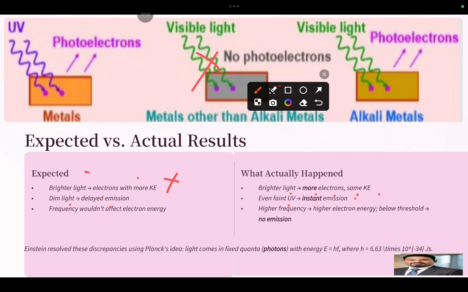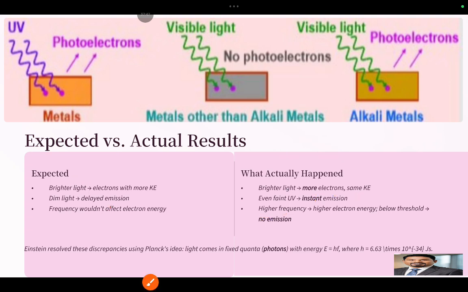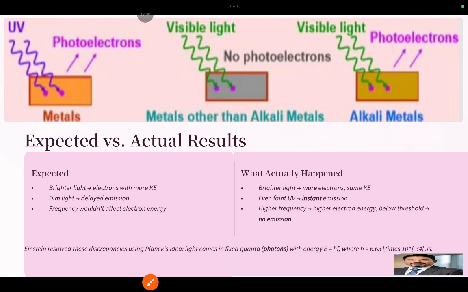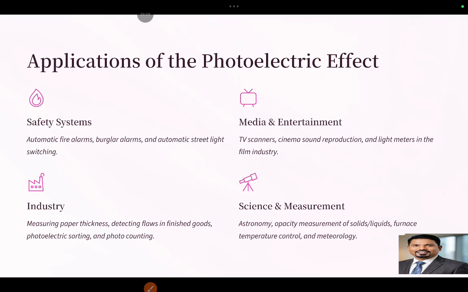That is the myth versus the fact, what was expected versus what the experiment found. Frequency was expected not to affect electron energy, but higher frequency gives higher electron energy. Einstein resolved these discrepancies using Planck's idea: light comes in fixed quanta which we call photons, and this was confirmed by his experiment, the Einstein photoelectric effect.